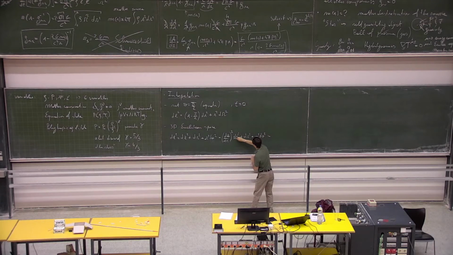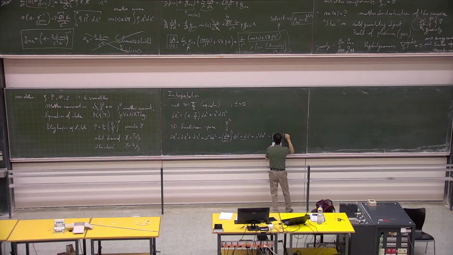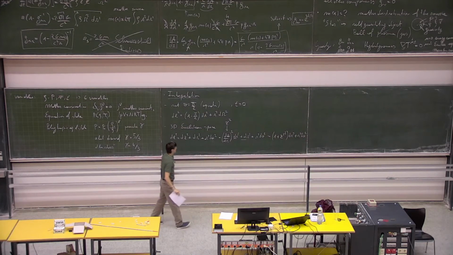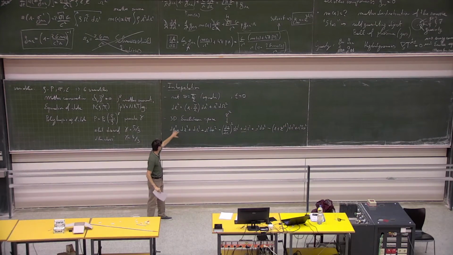And then you see that I just group it together, and in the dr term we end up with 1 plus z prime, where z prime is this guy here, squared, dr squared plus r squared dphi squared. Now what we are doing is mapping this three-dimensional slice of a four-dimensional Minkowski space-time with our metric above.